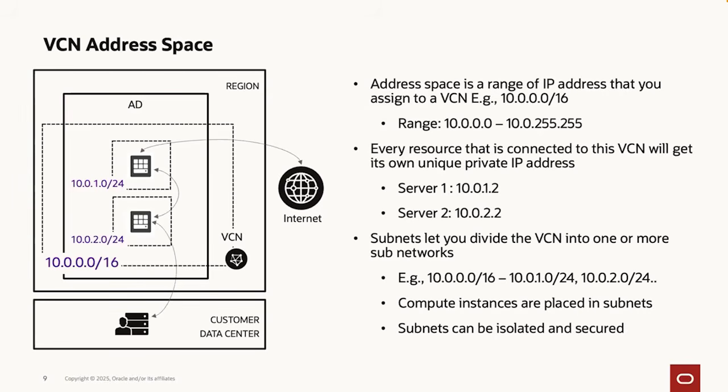So that's very important to keep in mind. So these instances use these IP addresses for communication, and they have at least one private IP address and optionally one or more public IP addresses.